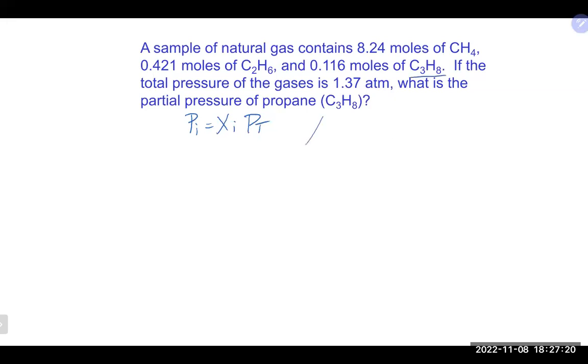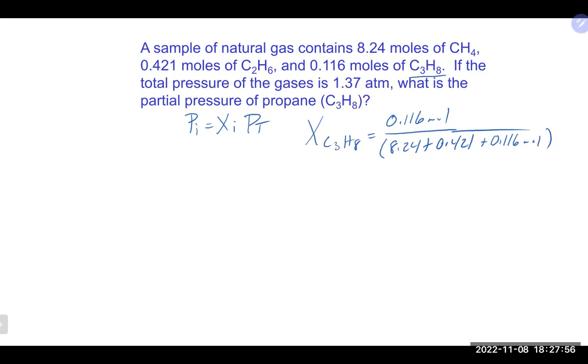In this case, we're interested in propane. So we do the mole fraction of propane, C3H8. That would be the moles of propane up on top, divided by our total moles, which is just everybody added together: 0.116 divided by 8.24 plus 0.421 plus 0.116.